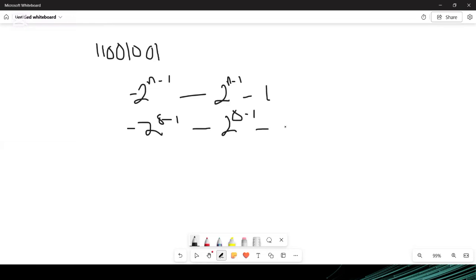This is 8, then minus 1, so 8 minus 1 is 7. 2 raised to the power 7 is 128. So the range is from minus 128 to 2 raised to the power 7, which is also 128, then 128 minus 1 gives us 127.